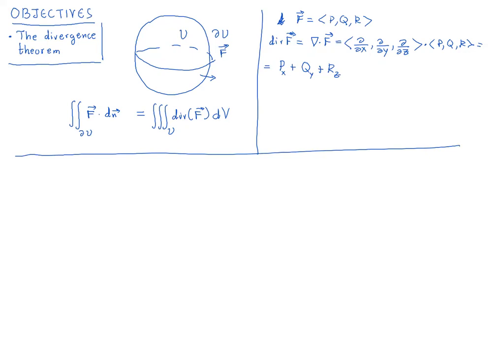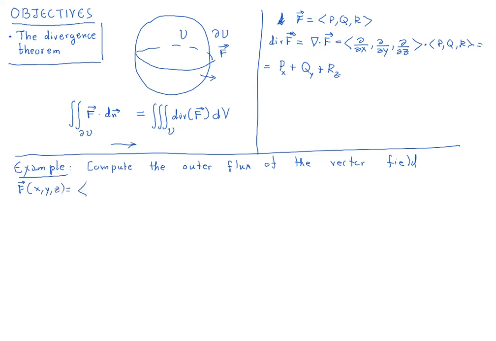In any case, let's see how we can apply this. So let's say that we have a ball. Again, we're going to try to apply it this way. So in our example, compute the outer flux of the vector field, and let's have some fun here with the definition of the vector field.